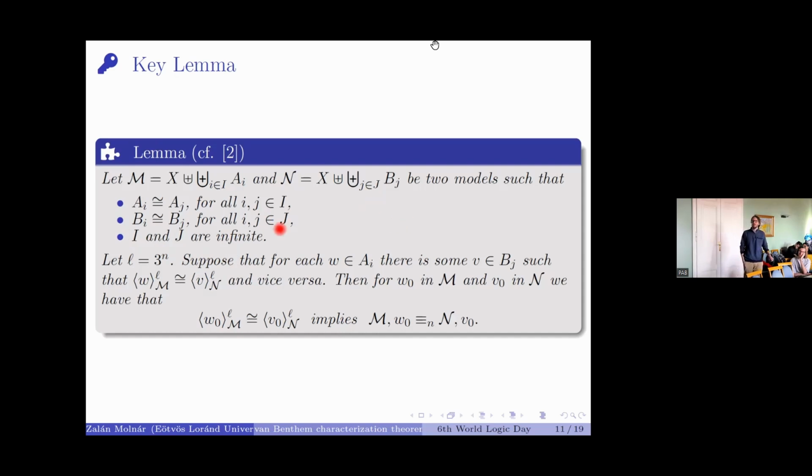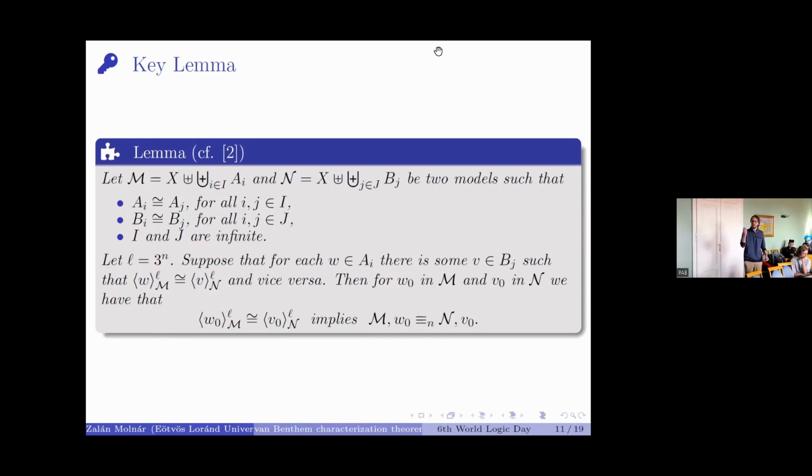and we'll let L to be this 3 to the n. Usually this has something to do with the Ehrenfeucht-Fraïssé theorem that we will use. So this is a parameter. Then we moreover have to suppose that for each w in A_i there is some B_j such that the neighborhoods are isomorphic, and here the notation is that the L-neighborhoods are isomorphic.